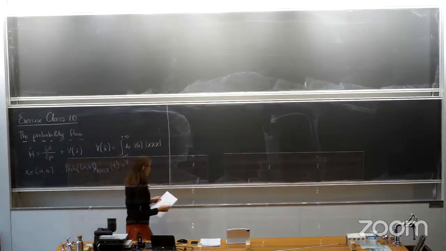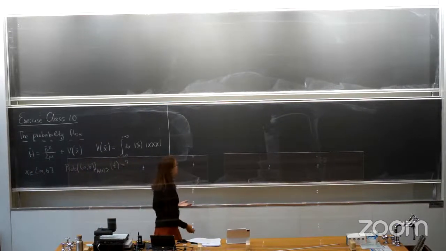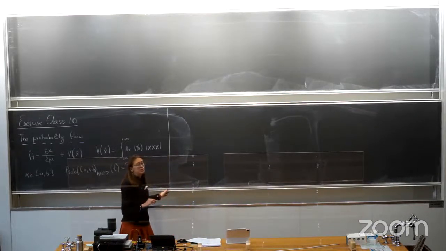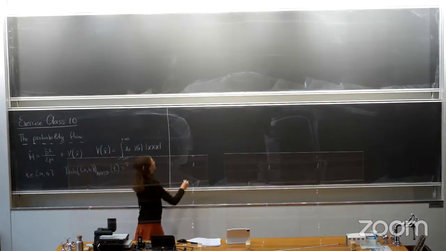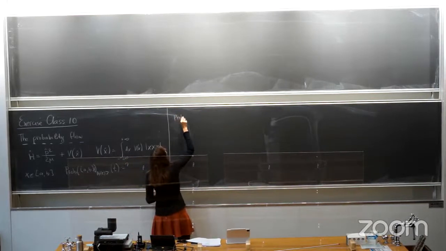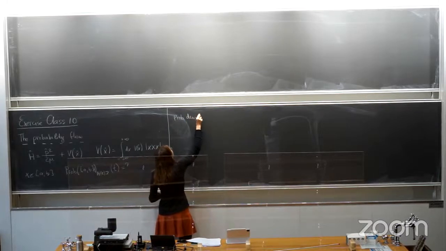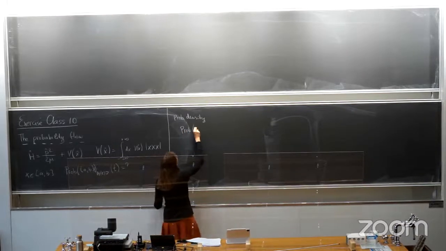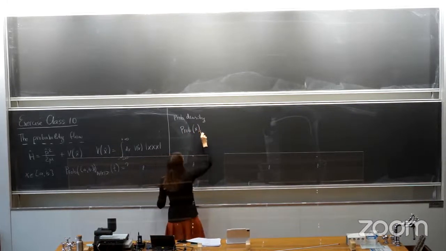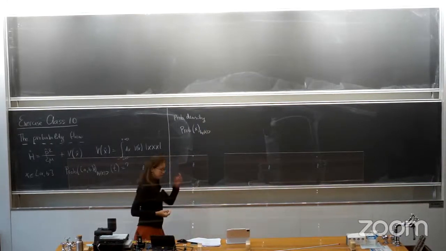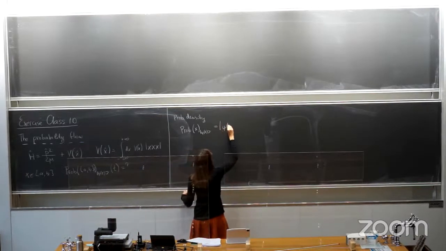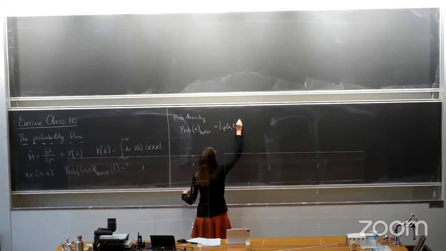If you look at the probability density, what we mean by probability density is just the probability of finding the particle at this particular point x on this real line, which depends on the state, of course. And this is just given by the modulus squared of the wave function.